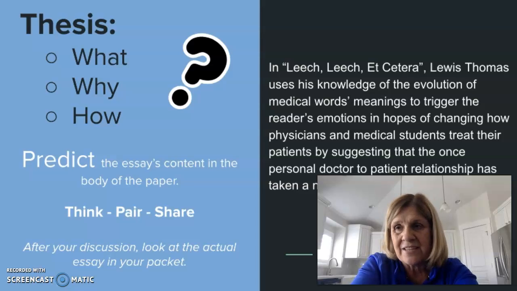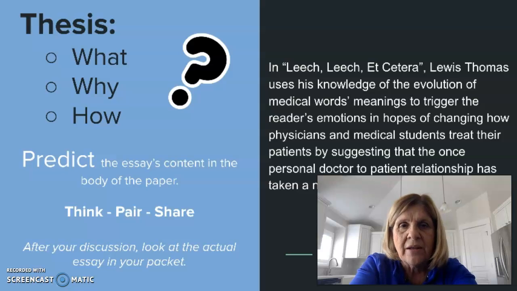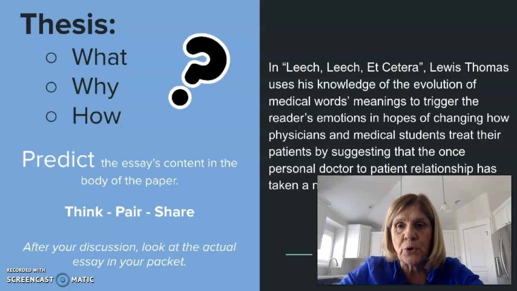Remember, a thesis predicts what the rest of the paper will look like. And so look at the sample one on the right-hand side of the page and pick out the what, the why, and the how of that thesis sentence. Then go to yours and make sure that you have done the same thing.